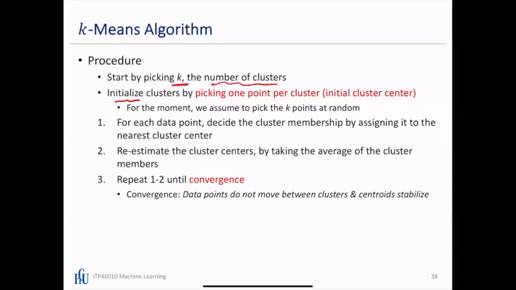You try to pick k different points in your data domain. Once you pick those cluster centers, based on closeness, you can come up with the initial membership of the clusters, the initial membership for individual data points. From now on, what we want to do is try to update the centroids.